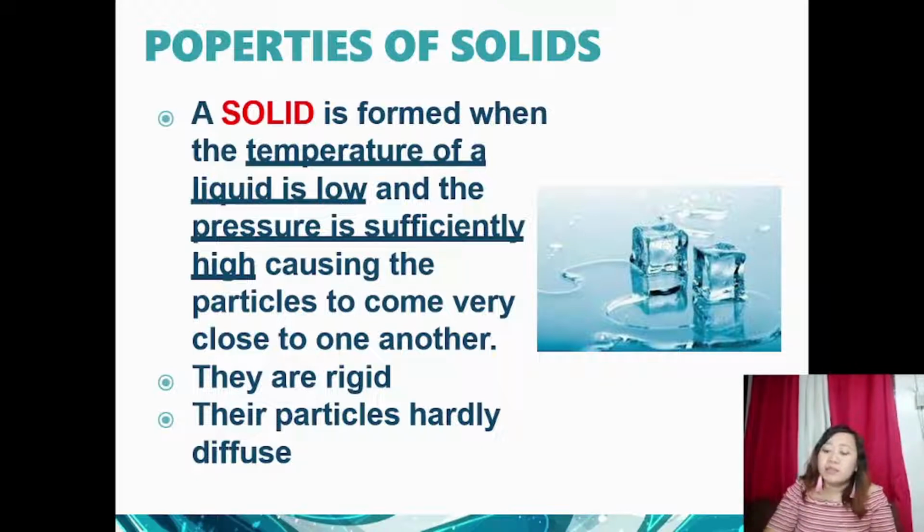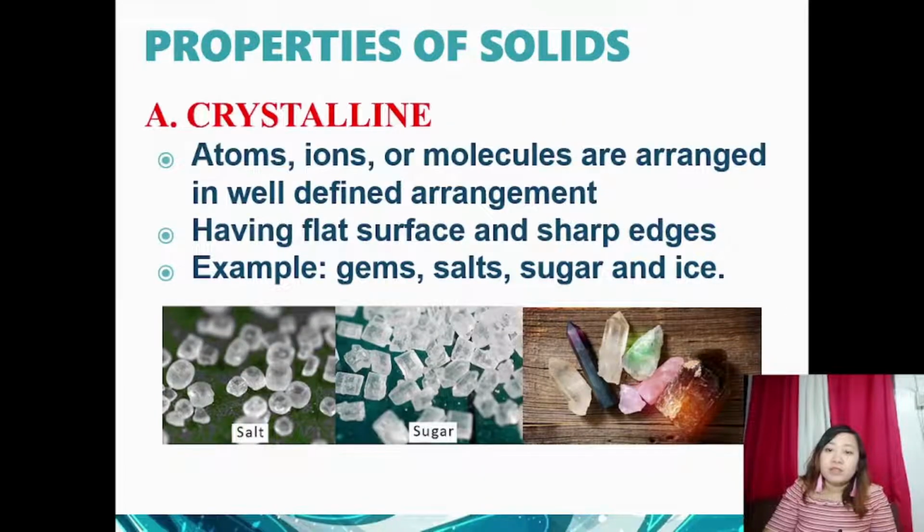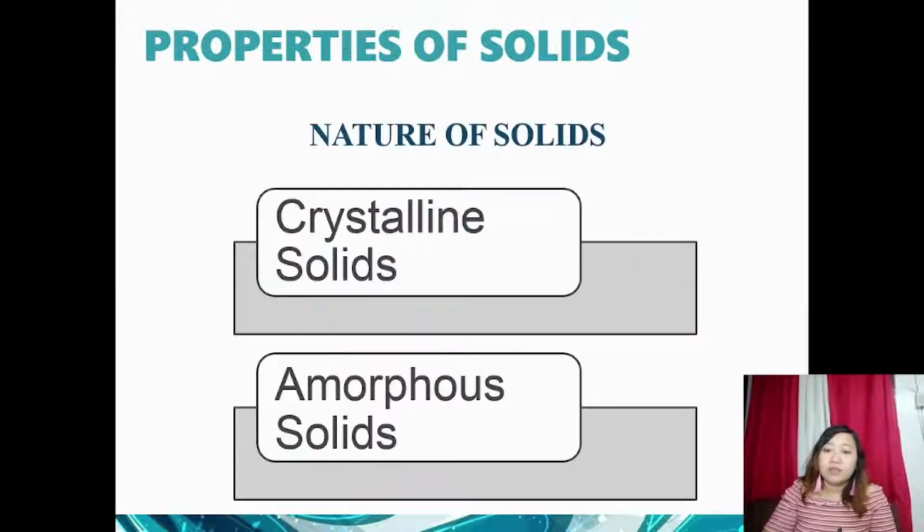So let's define first the category or nature of solids. We have two, the crystalline and the amorphous solid. Let's define first crystalline solid.